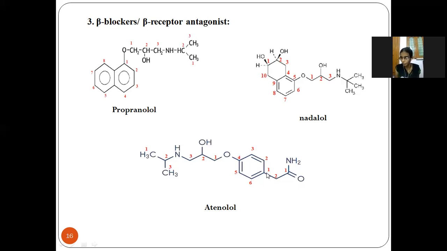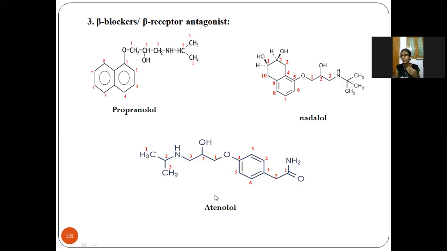Acetamide in the first position, and in the fourth position, oxygen and propane, 1, 2, 3, propane, 2 hydroxy and 3. In the third position, 3 carbon atoms means propane, amide. So this is the amide. Propane, amide is attached to the third position of the propane.